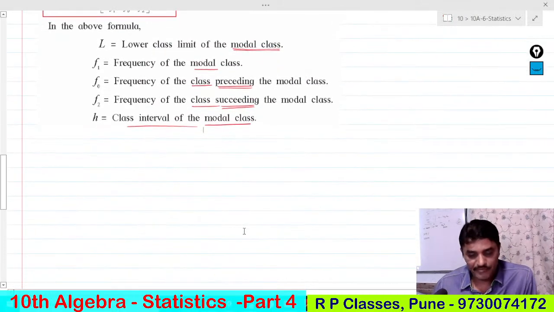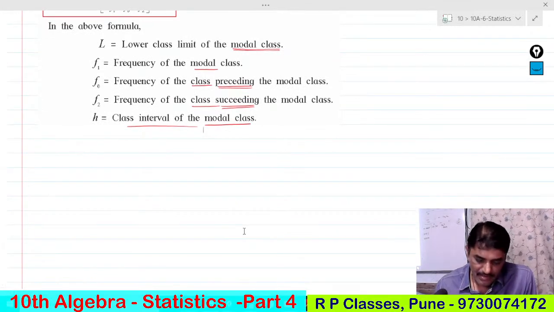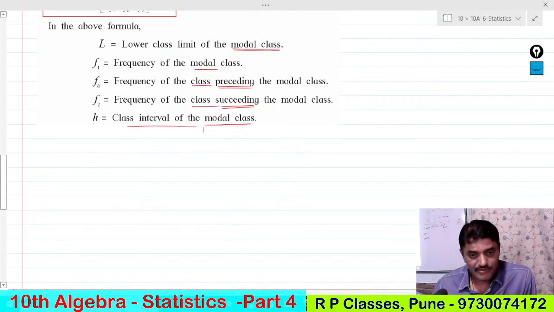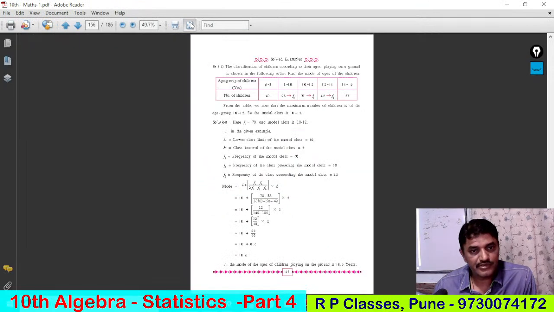How do you find out the modal class? Let's see in an example how the mode is estimated with the help of this formula.